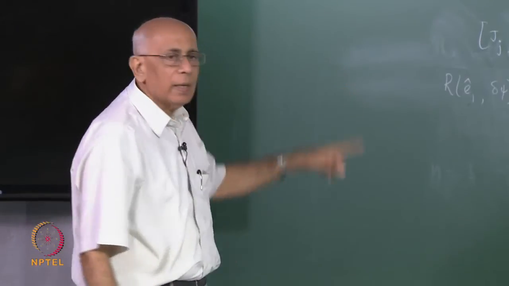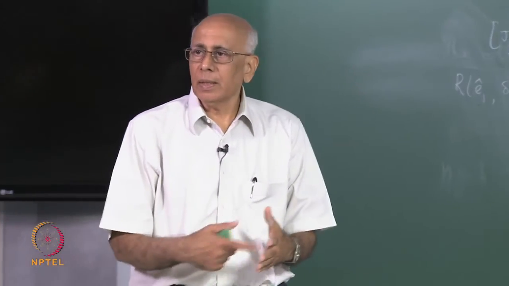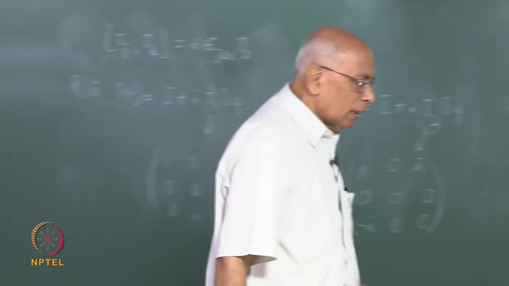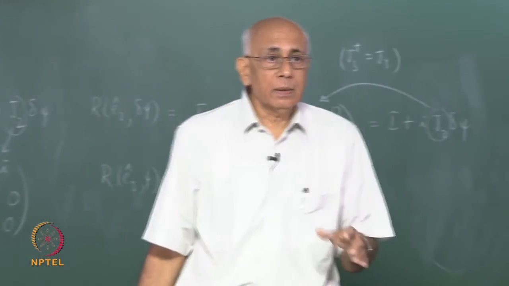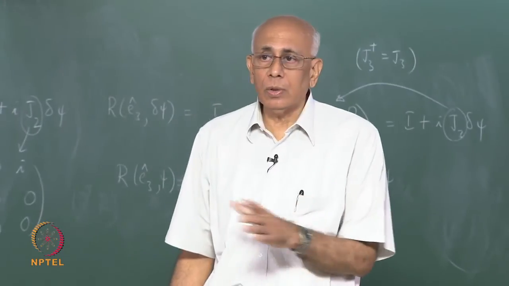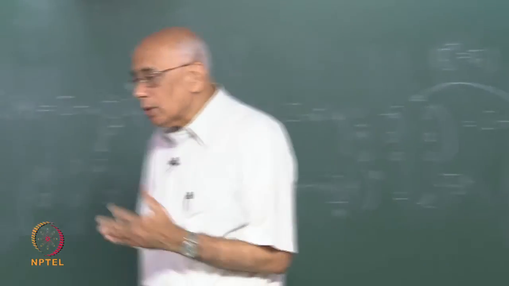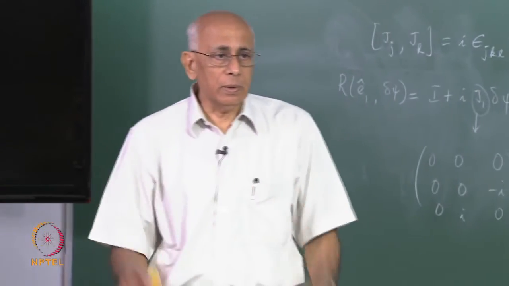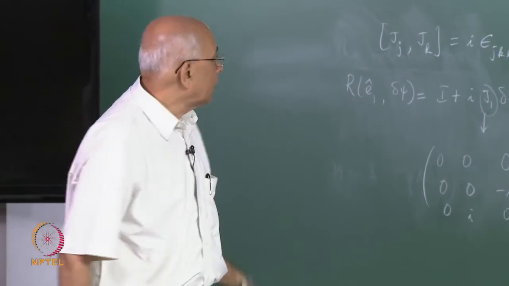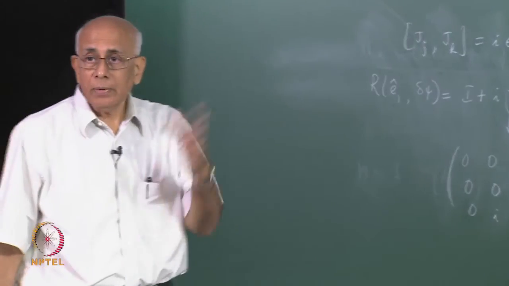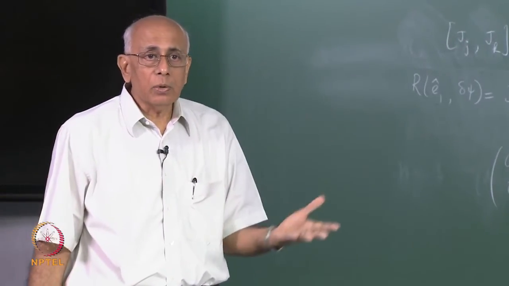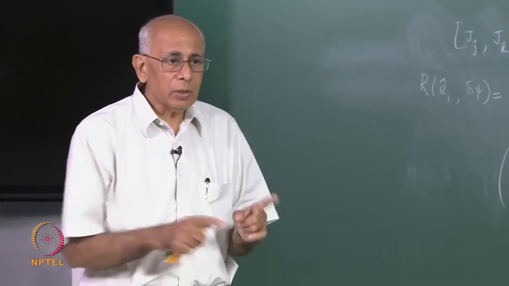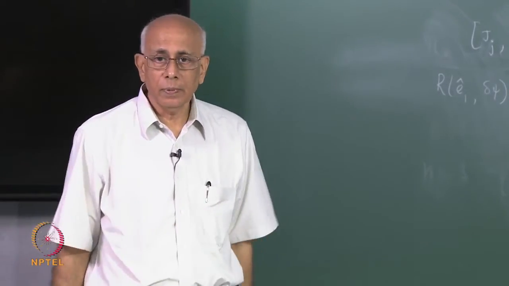And epsilon jkl is the completely antisymmetric symbol in 3 dimensions. It's equal to plus 1 if jkl are in an even permutation of the natural order 1, 2, 3, minus 1 if it's an odd permutation, and 0 if any 2 indices are equal. Okay. So epsilon jkl has, as it stands, 27 components. Most of them are 0, 21 are 0, and 6 of them are non-zero, 3 of them are plus 1, 3 of them are minus 1. Okay.